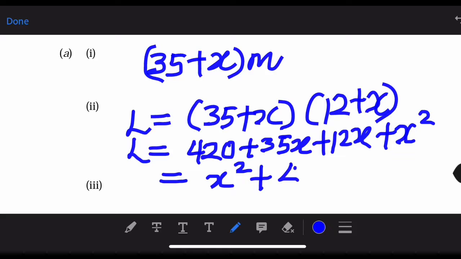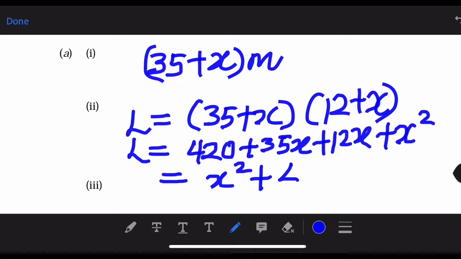So that means the purchase price of the fence is equal to 93 meter times ringgit Malaysia 13. Alright, 13.